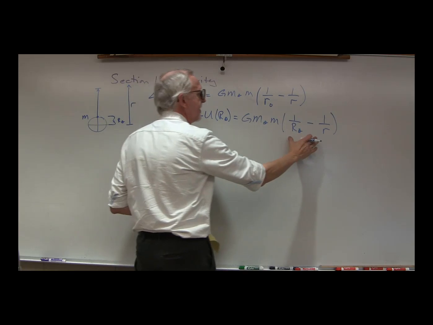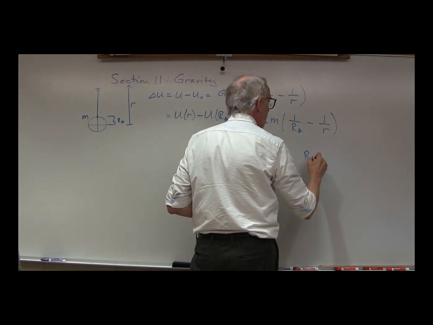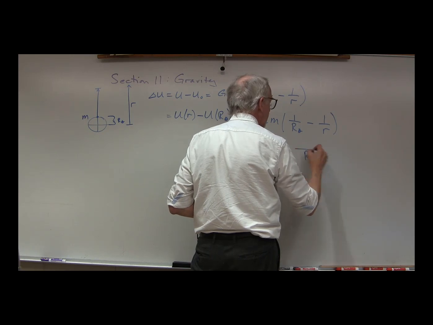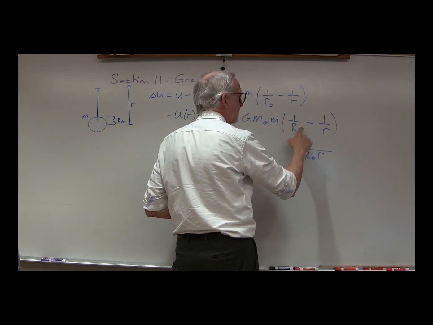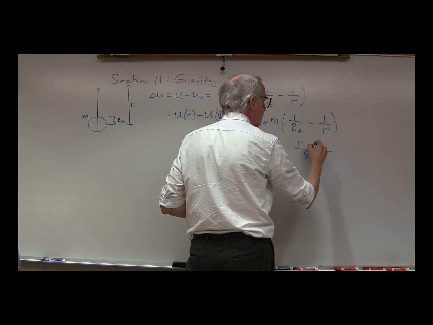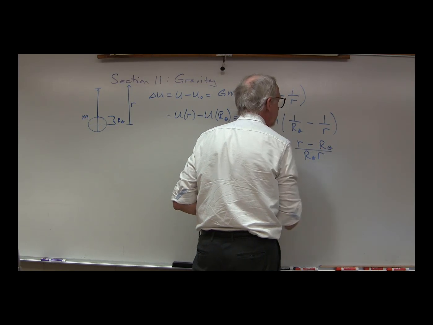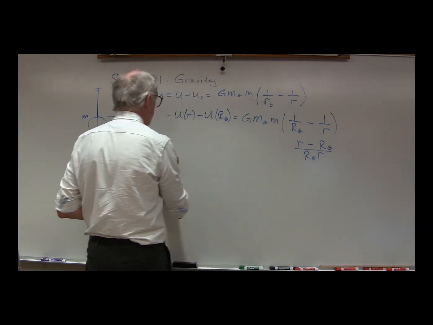Now let's combine these two terms. Let's put them over a common denominator of r Earth times r. So this one we multiply by r over r, we'll have r, minus, multiply this r Earth by r Earth over r Earth, we'll have minus r Earth. There we go. Let's factor out the r Earth. So we'll rewrite this.